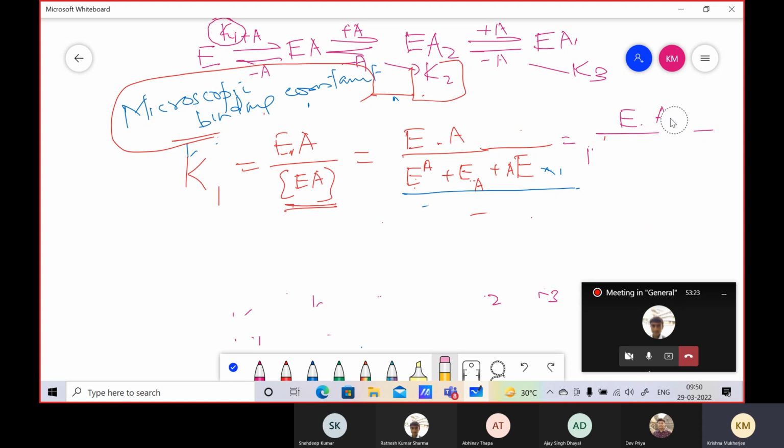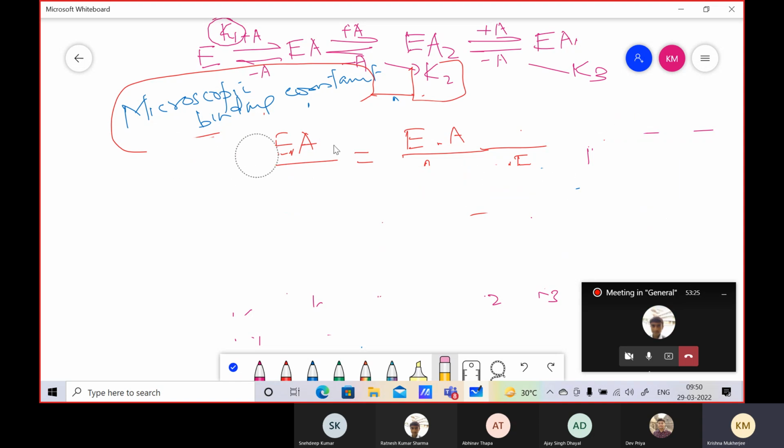This is slightly more irritating, but I want to do this slowly because later on, when these binding constants impact on each other, the models become more complicated. Now, what is the second one? Second binding step, K2.